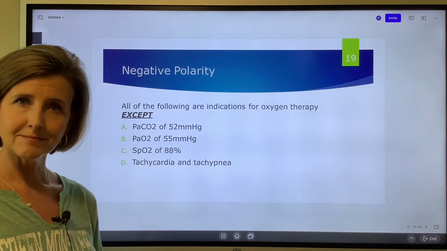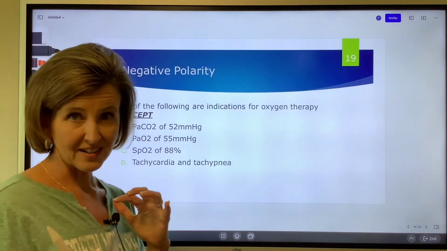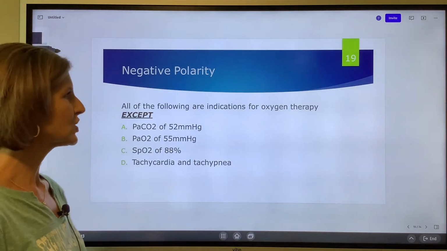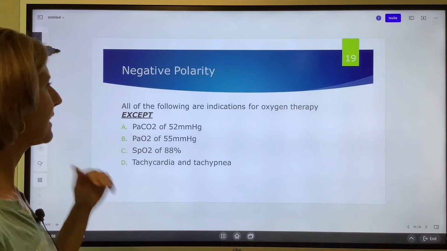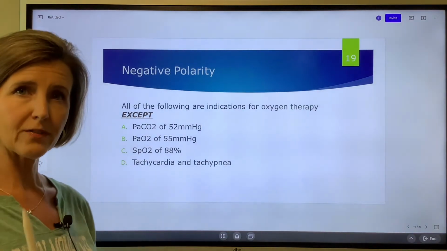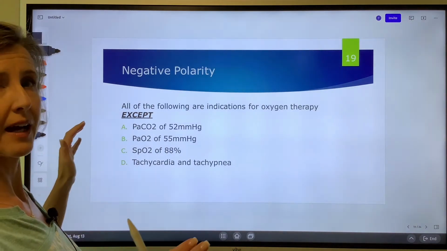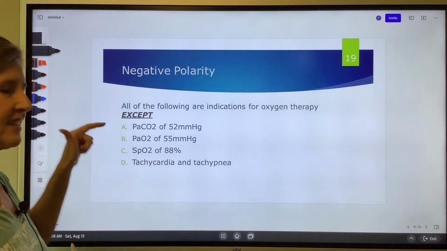Negative polarity. Okay, this is the not or the except questions. All of the following are indications for oxygen therapy except. Now, if you are a fast test taker and I didn't bold, italicize, put it all in caps and highlight it, see how it's on the second line?